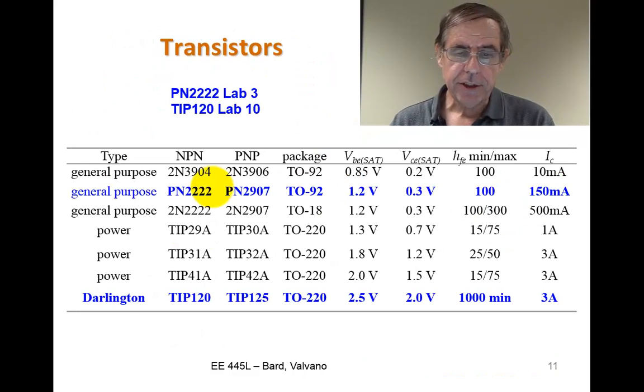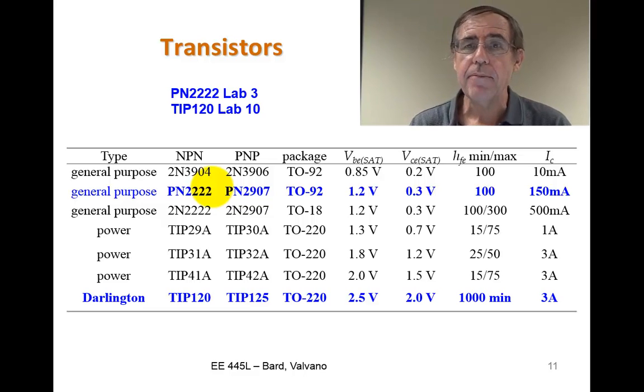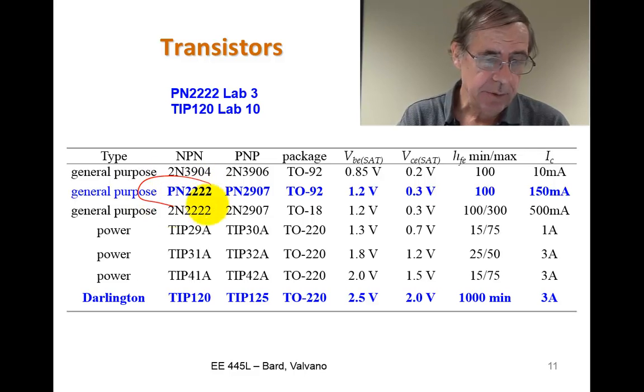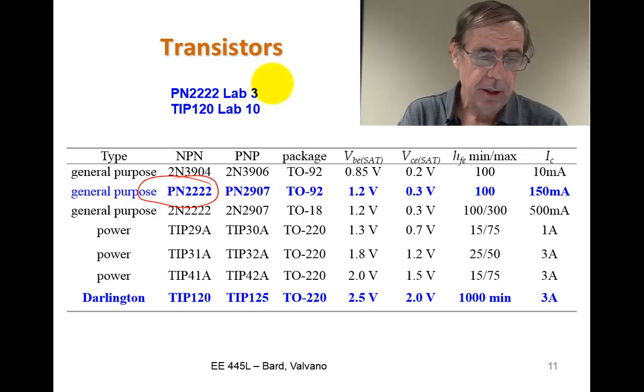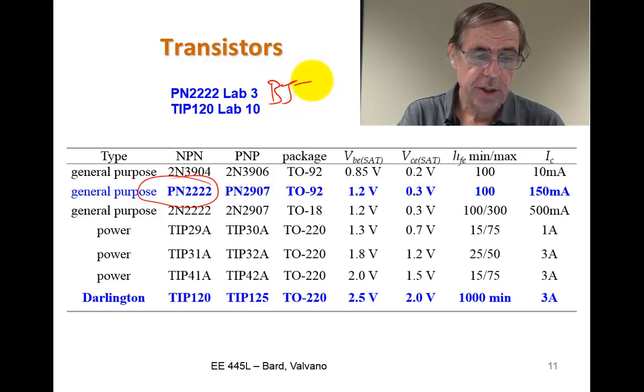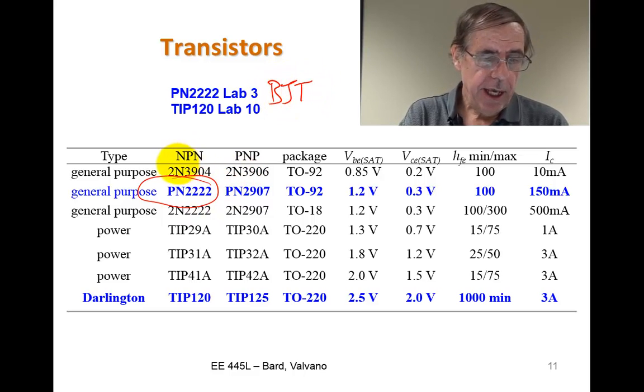Here are some transistors. Let's talk about some parameters that we can use to select a transistor. Like I said, I'm going to use a PN2222. This is a bipolar junction transistor. It's an NPN, like I drew.